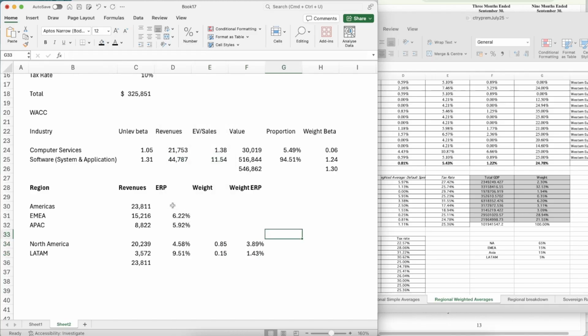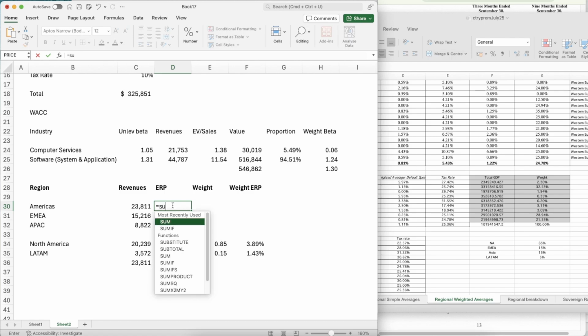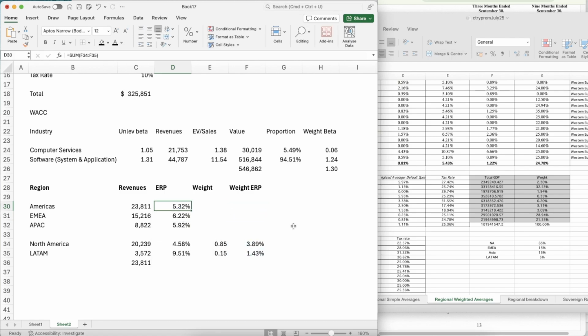Okay. The ERP now for Americas equals the sum of these two. 5.32%. Okay, we'll go with that.